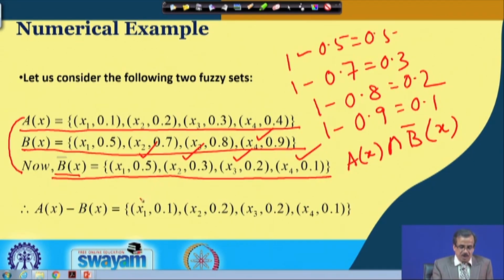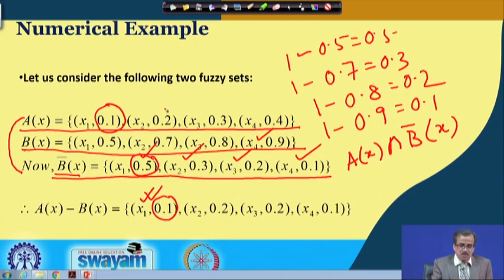Corresponding to x1, I compare 0.1 with 0.5, and consider the minimum, which is 0.1.